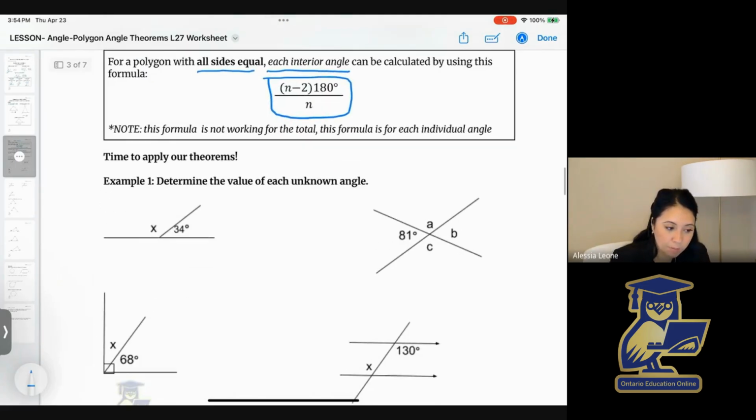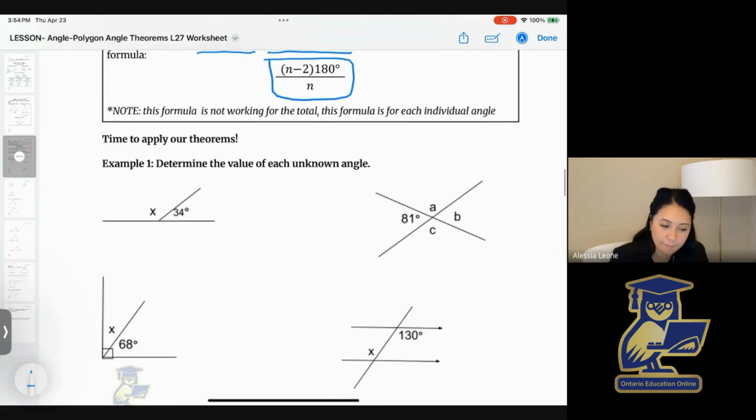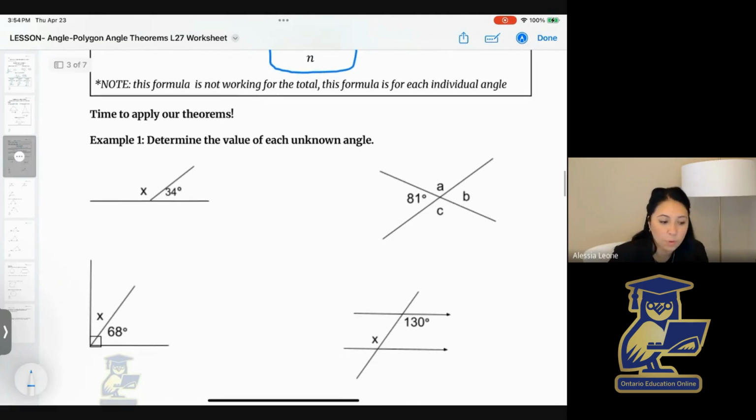Now it's time to apply our theorems. If you notice here, we have straight lines, we have some shape patterns happening, we have a 90 degree angle. So you're going to use the sheets we just read through. You're going to find on those sheets what applies to these questions and use the formulas and the patterns to just plug in the numbers to find our answers.